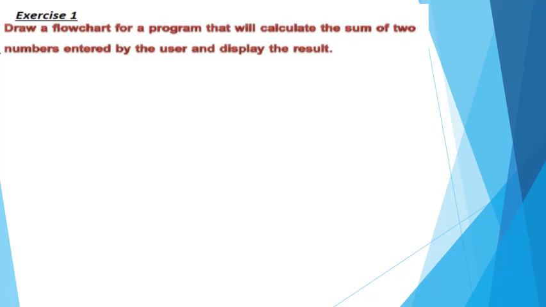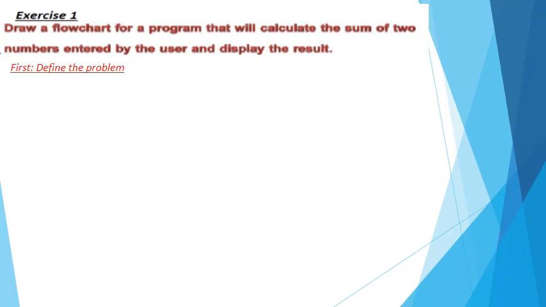Let's see an example. Our first example. Draw a flowchart for a program that will calculate the sum of two numbers entered by the user and display the result. I want to make a program that will calculate the sum of two entered numbers and print the result.